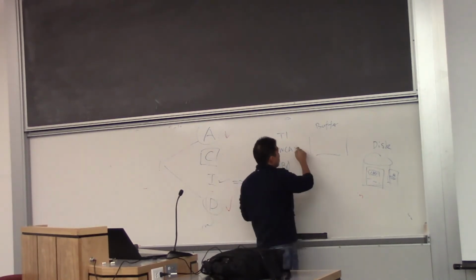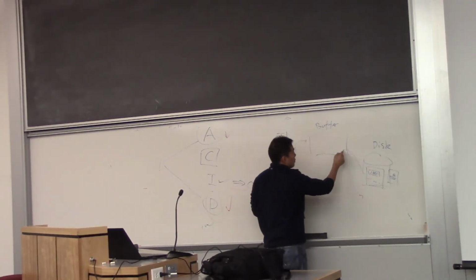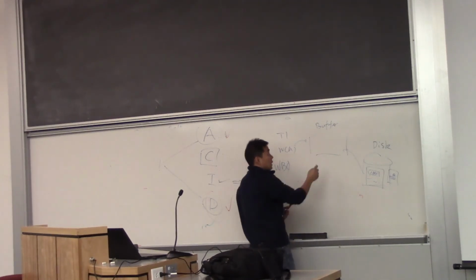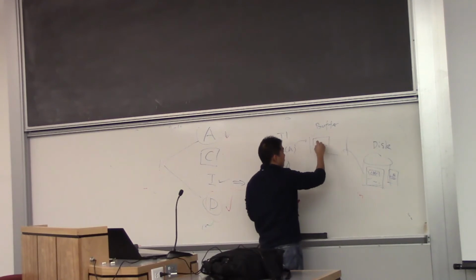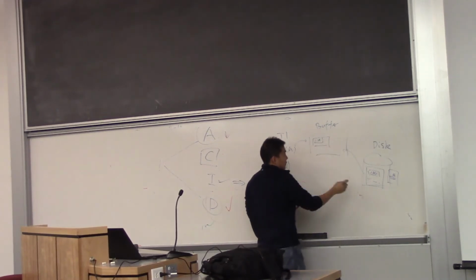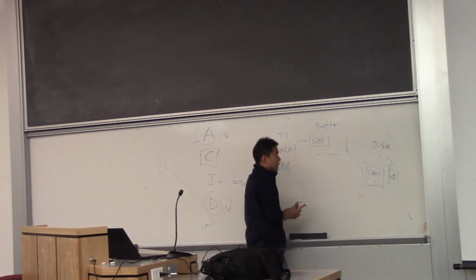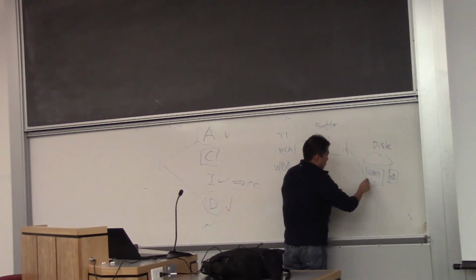You need to fetch this page from the database first, and you write over it in the buffer. So there's a page, initially A looks like this. This page I brought to memory.